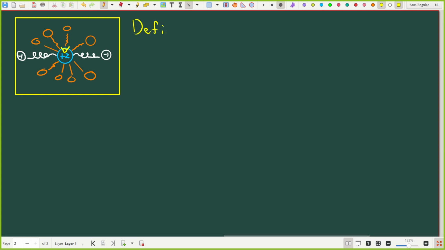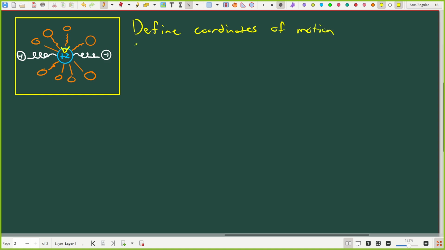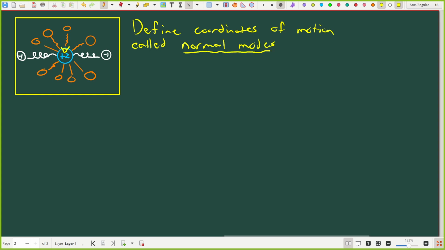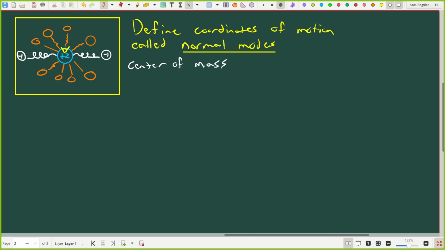These are specially defined coordinates of motion that preserve the center of mass, which means the +2 atom is not moving. Center of mass preserving. When we talk about the vibrations of molecules, this will become very important.